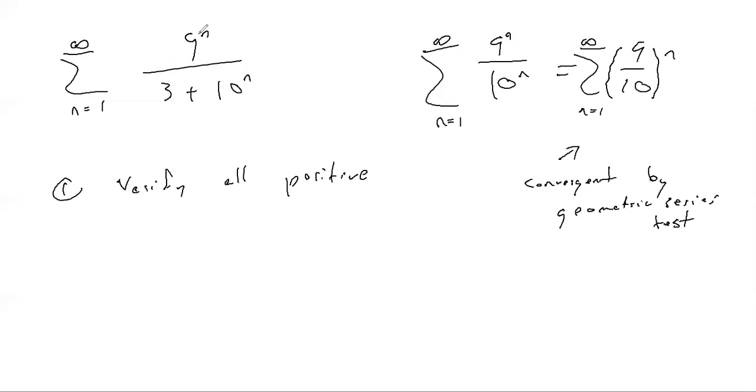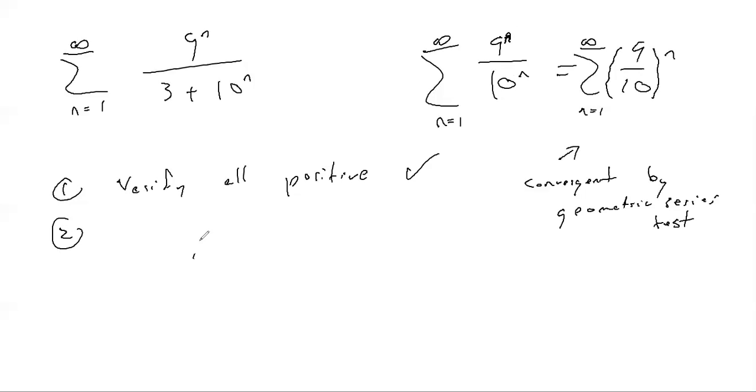If I have a power of 9, that's never going to be a negative number, right? It's always going to be positive. Same thing for this. So I got a positive number up top, I got a positive number on the bottom, so this term is always going to be positive. Same over here. I have 9 to the n, it's an n, not a 9, and I got 10 to the power n. So this is always positive. Okay, so everything's positive.